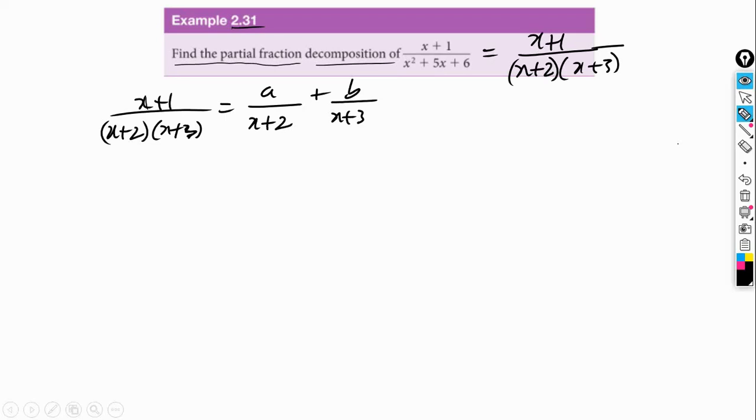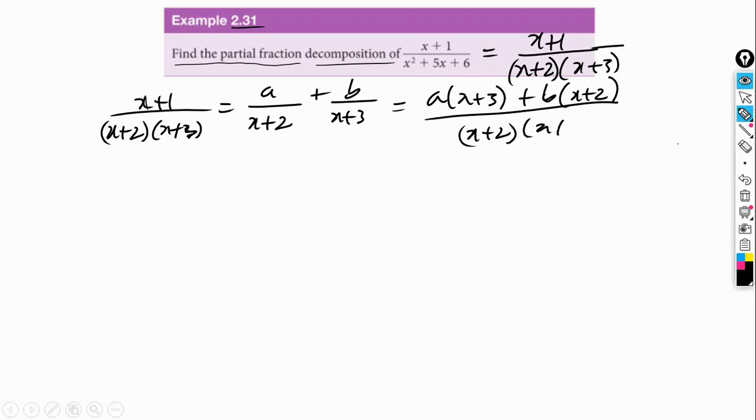So then we would notice that this is the same as saying a times x plus 3 plus b times x plus 2 over x plus 2 times x plus 3. Therefore, we can solve the equation x plus 1 is equal to a times x plus 3 plus b times x plus 2.